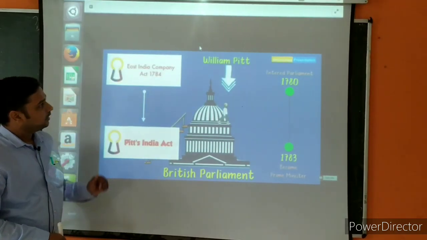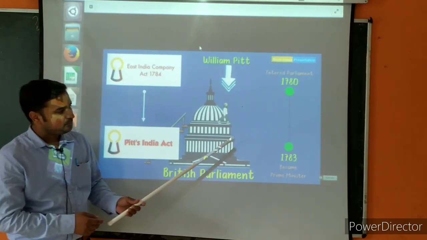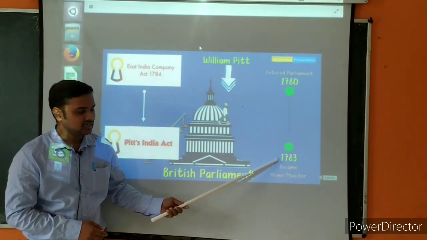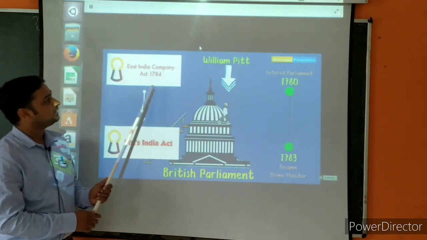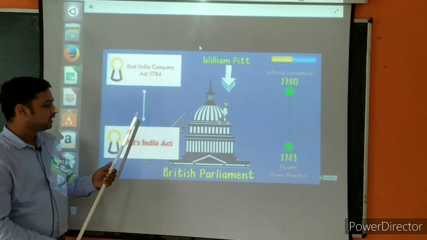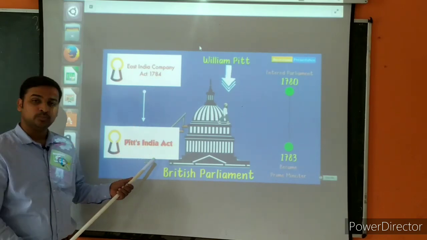So whenever you talk about Pitt's India Act, William Pitt became Prime Minister in 1783, and just after 1 year, in 1784, he launched Pitt's India Act that was to be introduced in India itself.